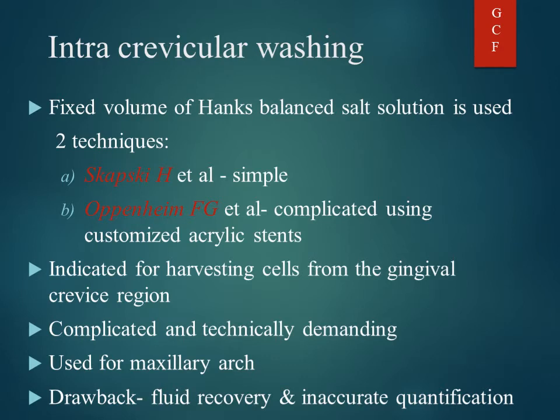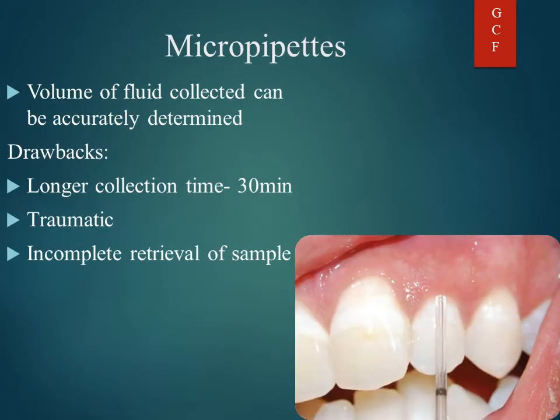It's a very complicated, technically demanding procedure, and usually not done in all studies. It's not a very common procedure because of its inaccurate quantification and fluid recovery. So it's not used, but definitely you might have to include it when you write an essay or a short note on the methods of GCF sampling.